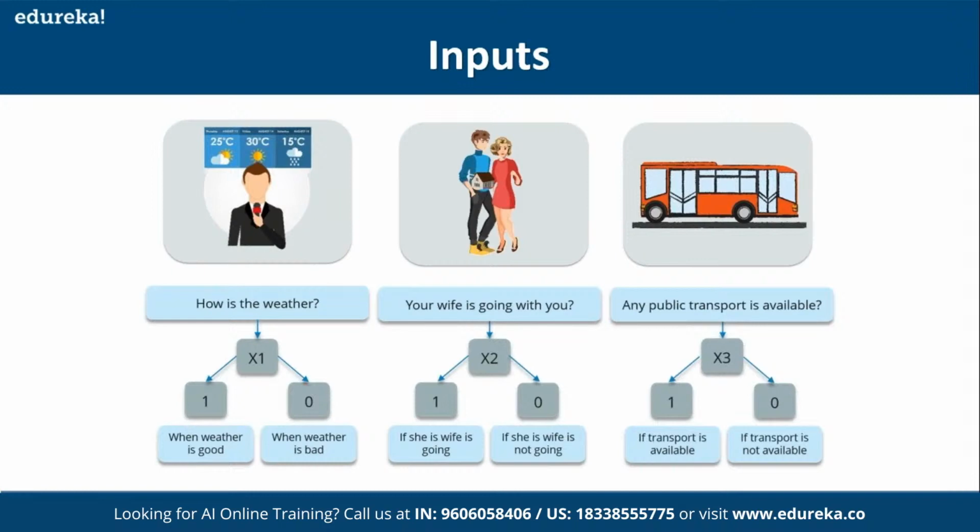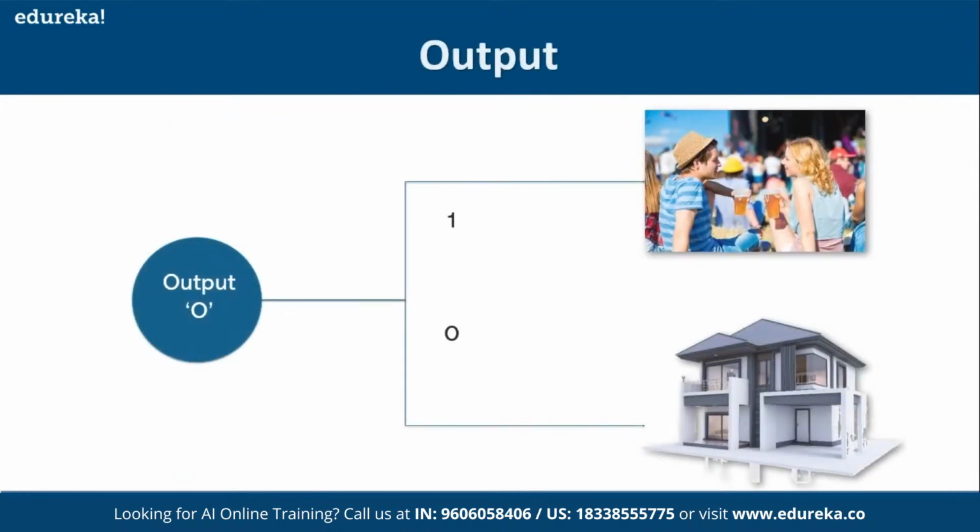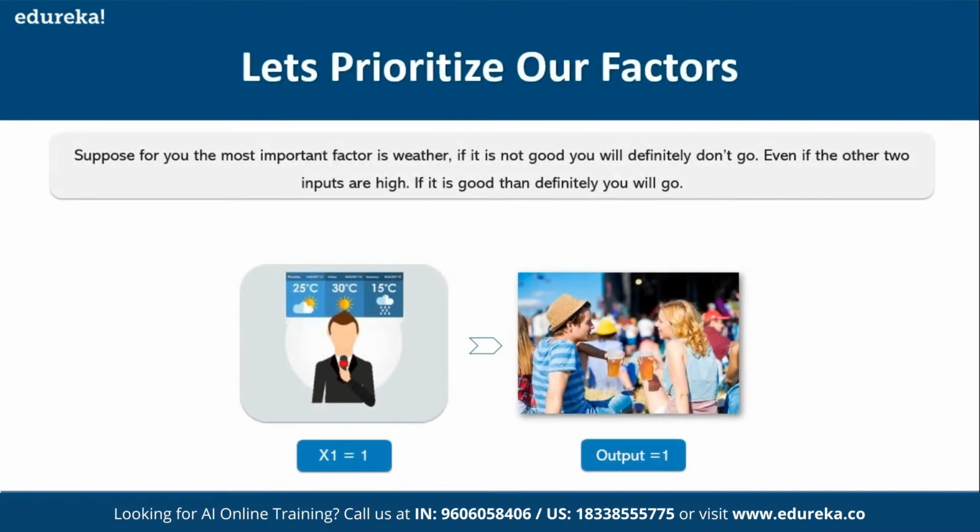Based on this, if the value adds up to 1, you are going to the beer festival. If the value adds up to 0, you sit back home and enjoy Netflix. So this is your output. But how does that output get created? Let's see.